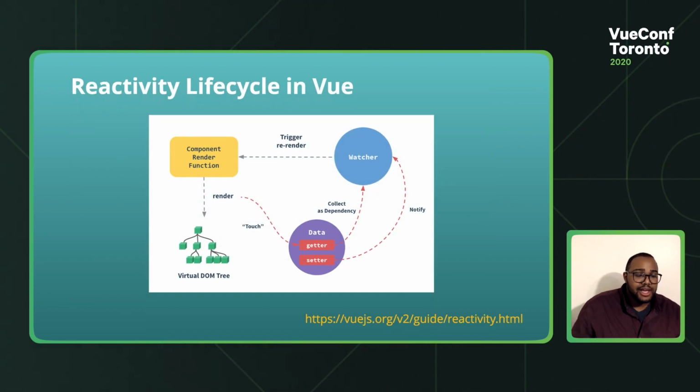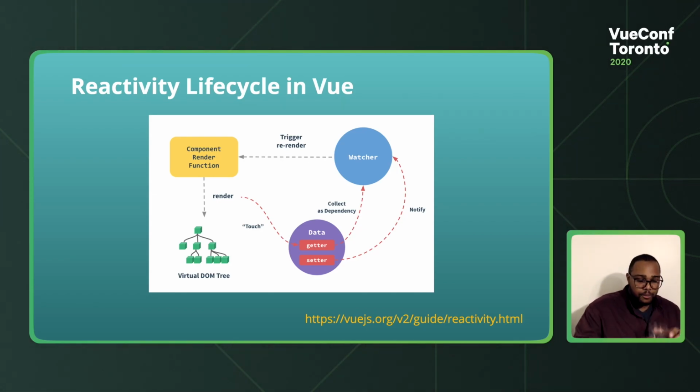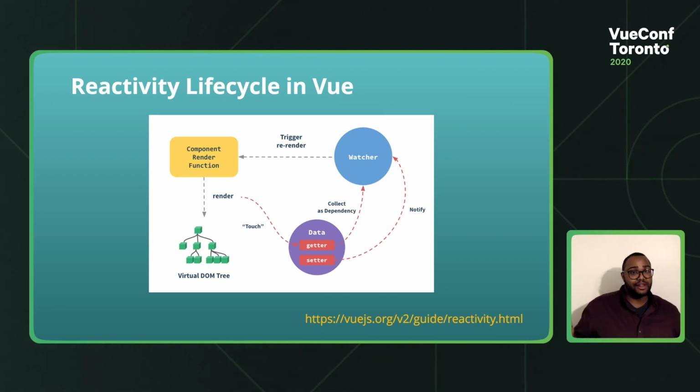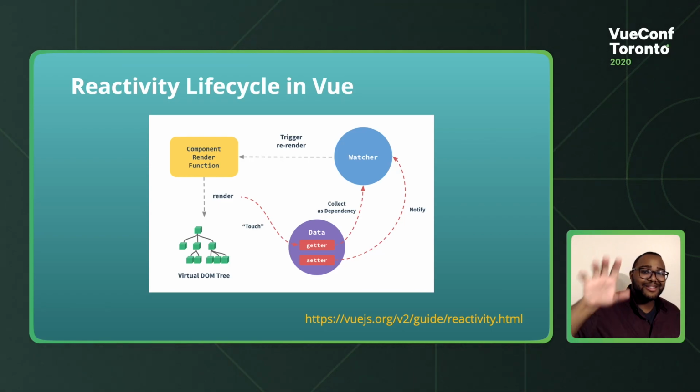In fact, take a look at this diagram. Now, this diagram is from Vue 2, from the Vue 2 docs, but it's still completely relevant and still very, very important. The part that's particularly important is the watcher part in the upper right-hand side.